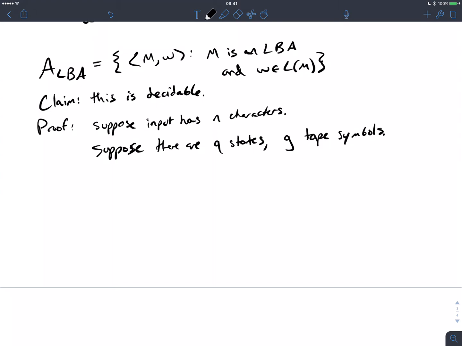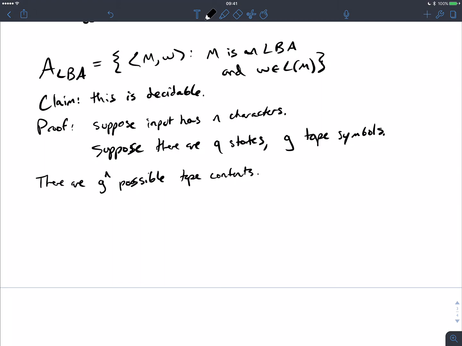So there are G to the n possible tape contents. Well, suppose that I went back to the exact same tape contents as I had before, but I was in a different state now.